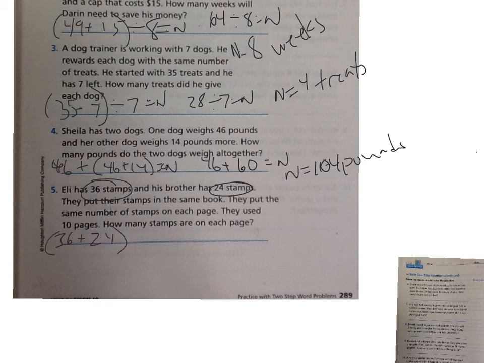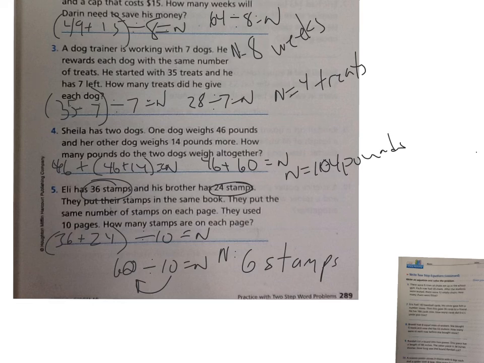And then they put them on each of the 10 pages. So 36 plus 24 equals n. 36 plus 24 is 60. Divided by 10 equals n, and 10 goes into 60 6 times. So n equals 6, and it'd be 6 stamps on each page.